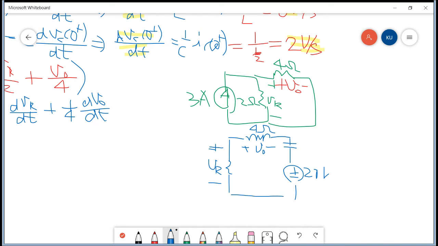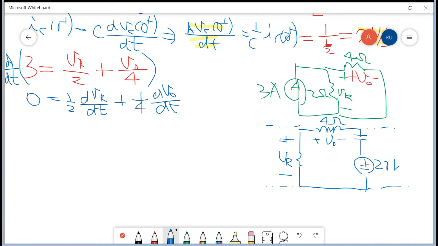So we consider this loop with KVL, and we need to be careful about the current. VR equals VC plus VO plus 20.